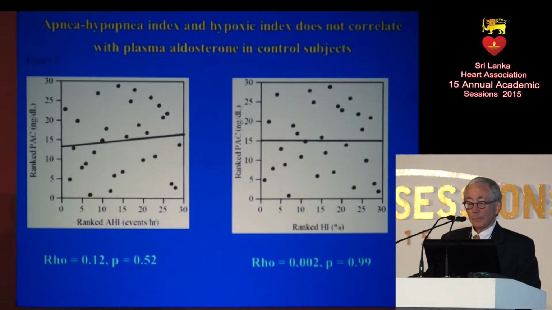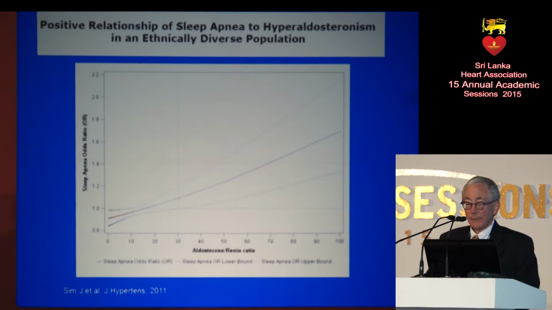And in addition, you can see here, if you look in normals, there is no correlation with plasma aldosterone and the apnea-hypopnea index or hypoxic index. So this is something very specific for people with obstructive sleep apnea. And you can see here another study looking at the positive relationship of sleep apnea to hyperaldosteronism. And this is a study done in an ethnically diverse population.